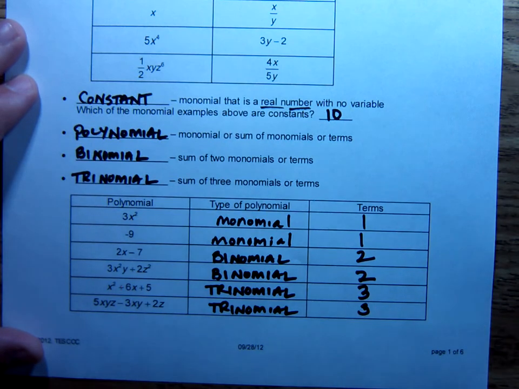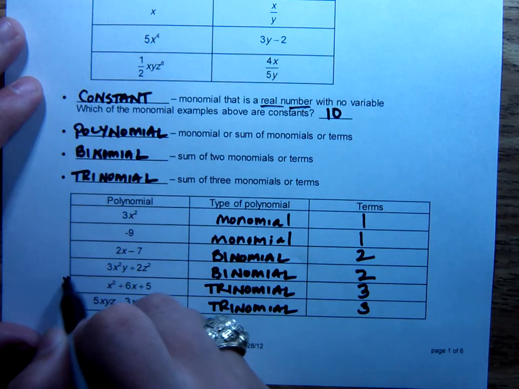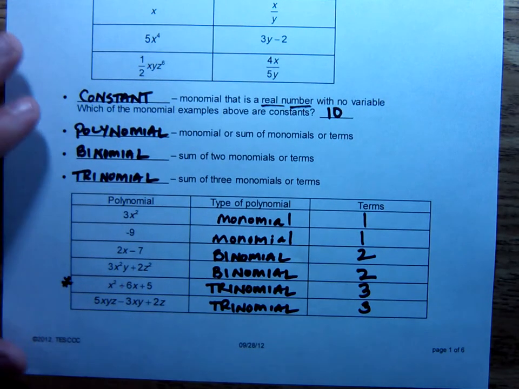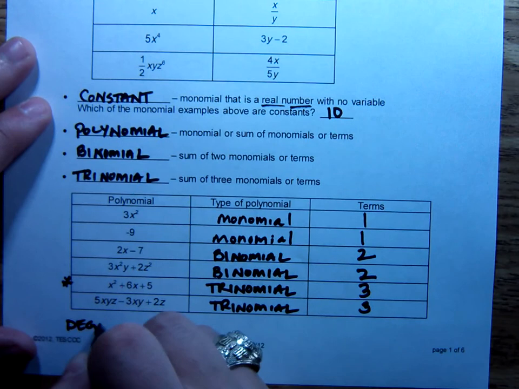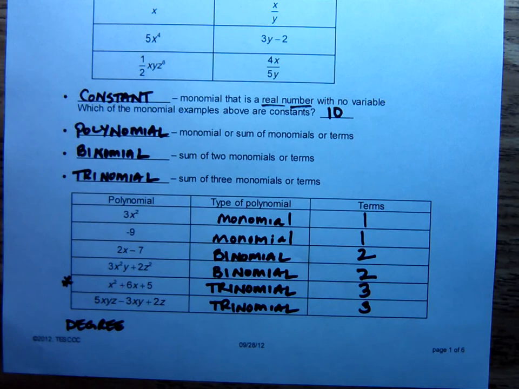Okay? I want to make one note. Let's look at this one for a second. Sometimes you'll see the word degree. That'll pop up from time to time. It'll ask you what is the degree of the polynomial or something to that extent. And the reason I'm bringing that up is because it's important to understand that degree is based on the exponent.